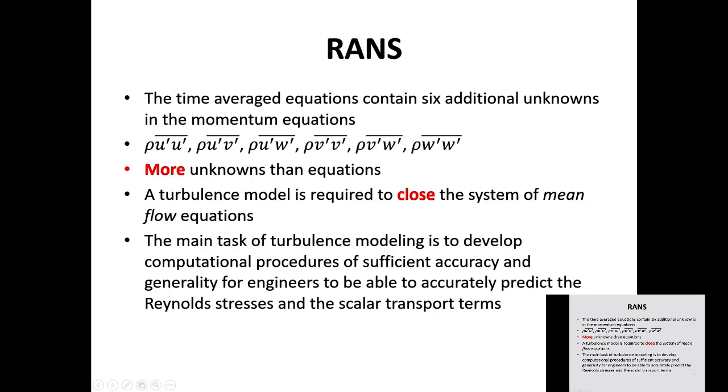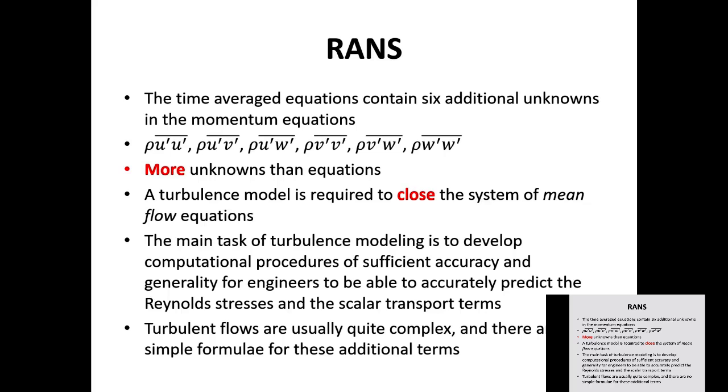The main task of turbulence modeling is to develop computational procedures of sufficient accuracy to solve these equations. Turbulent flows are complex, therefore solving for these unknowns is not straightforward.